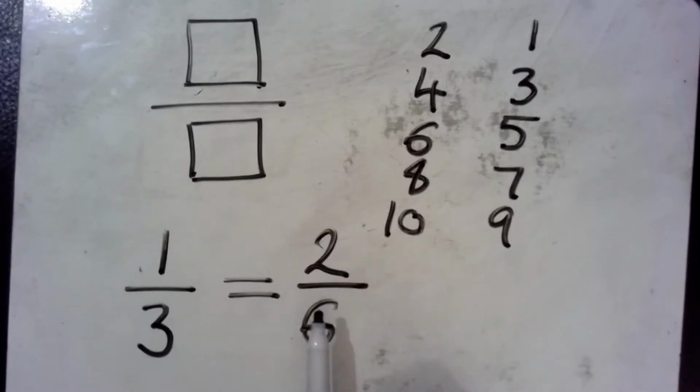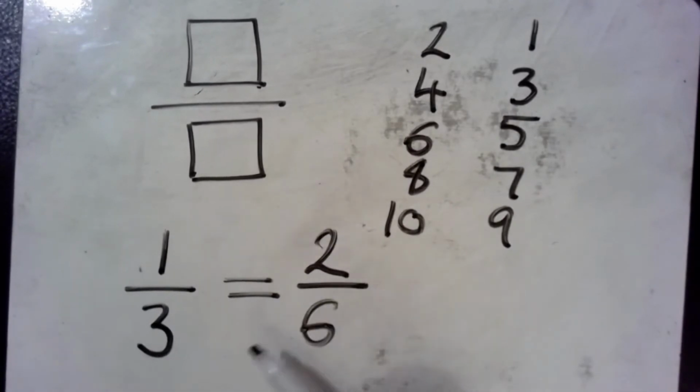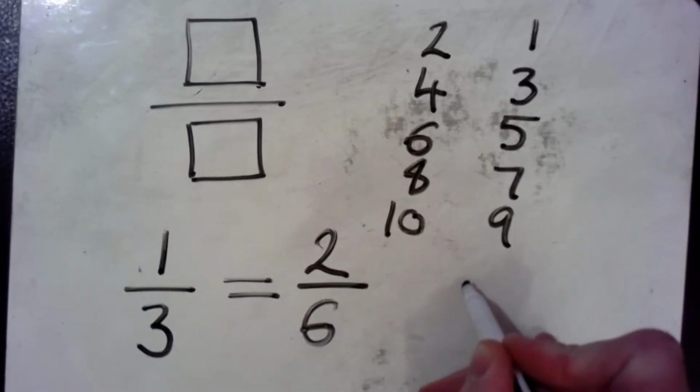So what I've said is, true or false: every equivalent fraction we get is always going to have both even numbers. Have a look and see if you can find one that isn't, because at the moment it does look like it is. If I did another one, for example, let's look at 1/2.